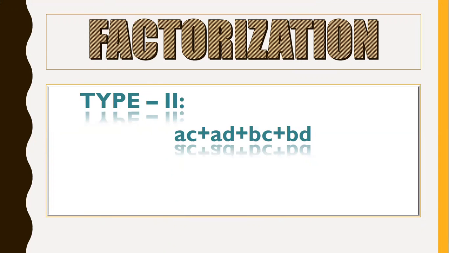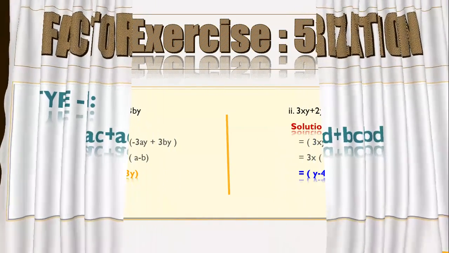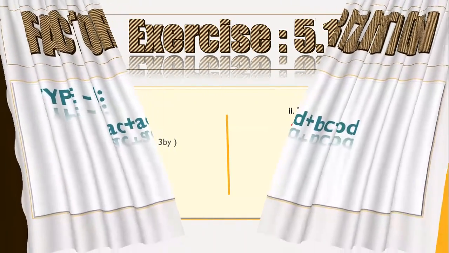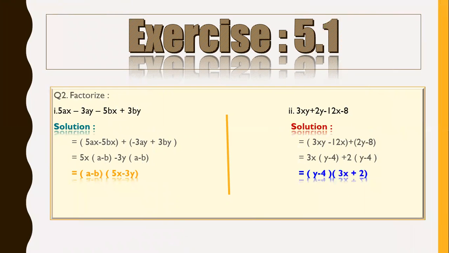Part 1 is 5ax minus 3ay minus 5bx plus 3by. According to our need, we combine the first and third terms and make a partner of the second and fourth.